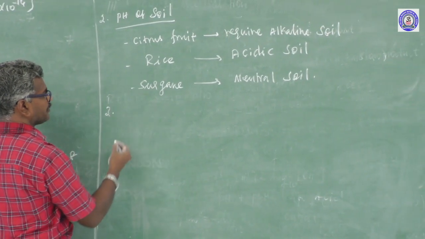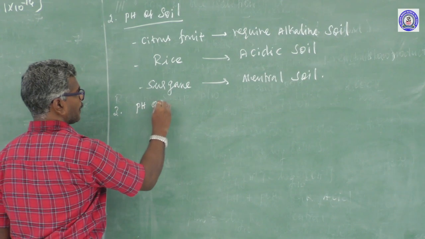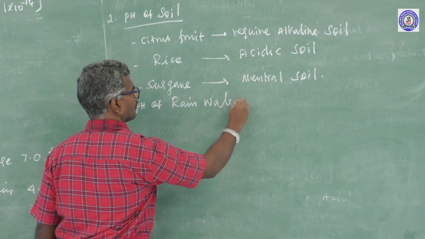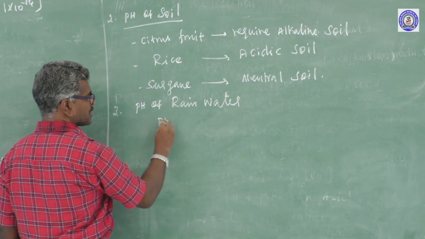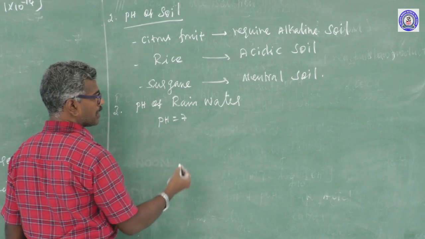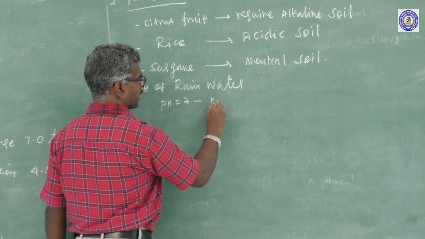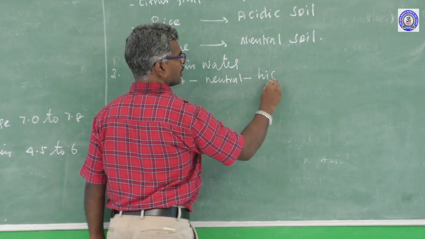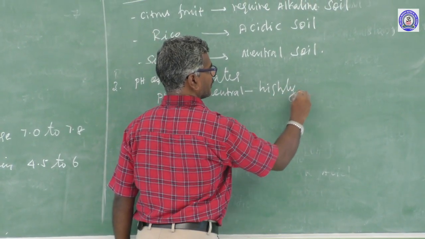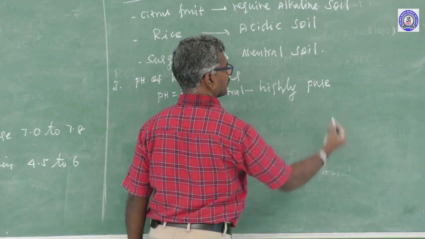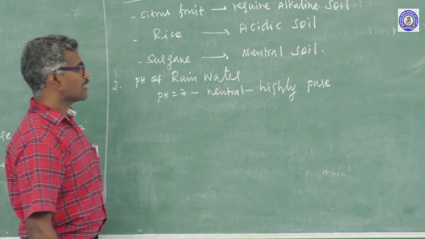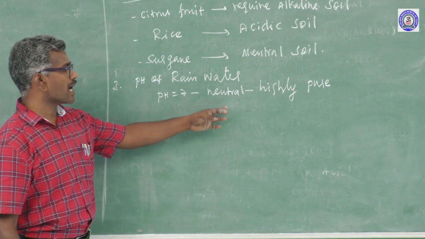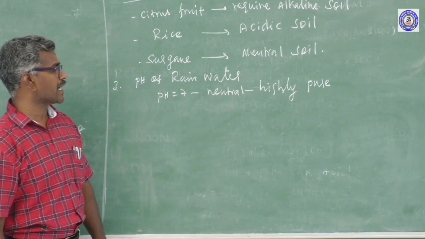Third one is pH of rainwater. pH is equal to 7: the water is neutral, highly pure. The water is contaminated in the atmosphere with the presence of oxides of sulfur and nitrogen.